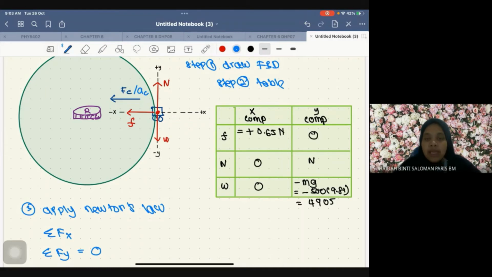So it means that, okay, there is an acceleration. The object is accelerate on the x component. And then by looking at this, awak lukis AC pada X component. So summation Fx awak kena apply Newton's second law. Summation Fx sama dengan MAC. For this case, kita letak AC sebab circular motion.